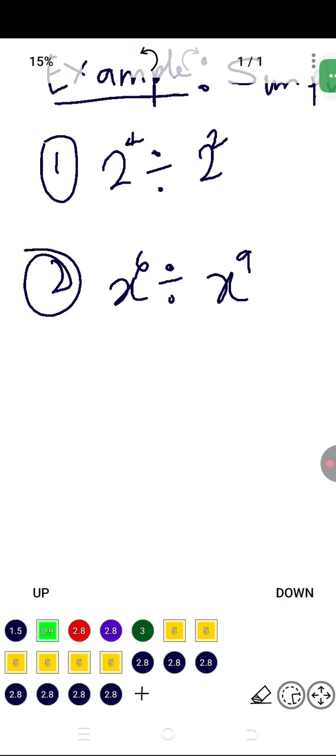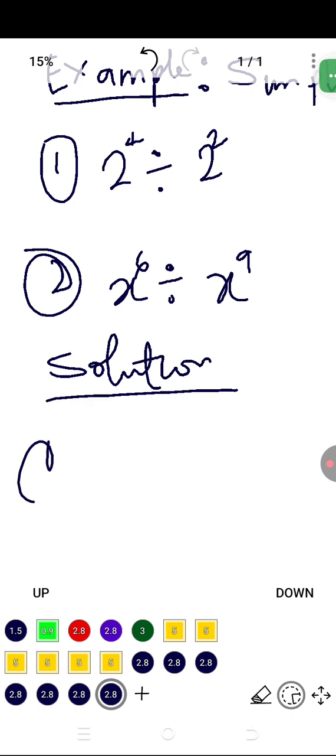So let's proceed to solve this. Number 1, where we have 2 raised to power 4 divided by 2 raised to power 2.